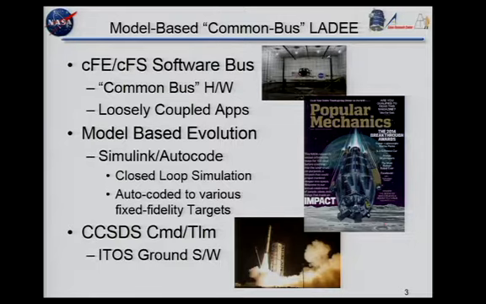It included using Simulink to generate code, using cFE so that the code generated from Simulink had to be adapted so that it could become a cFE application and communicate over the software bus, and included picking a ground station to communicate with this hover test craft vehicle, which ended up being ITOS, and then showing that we could go through that cycle and develop software.